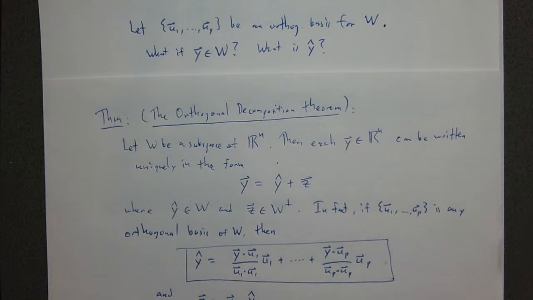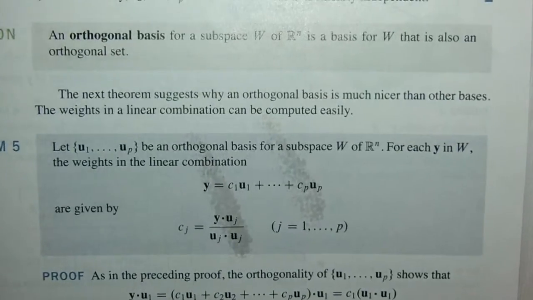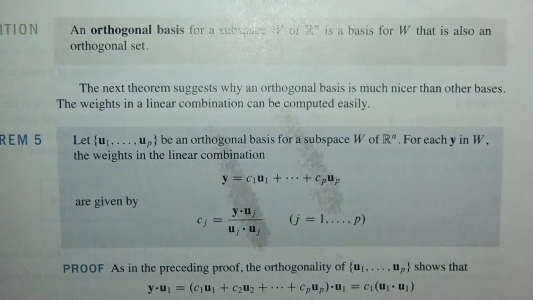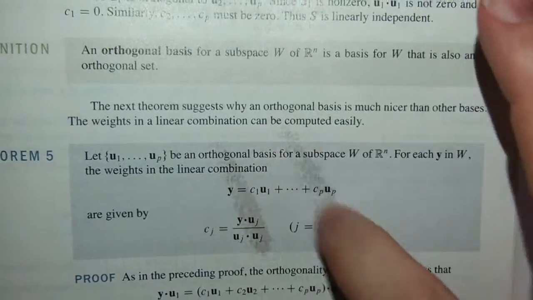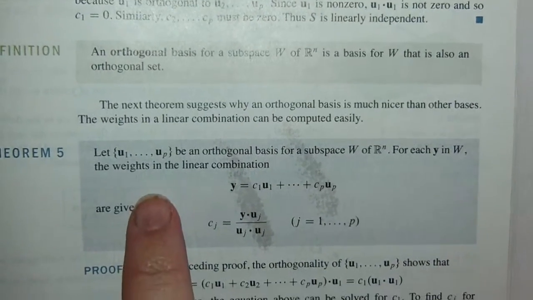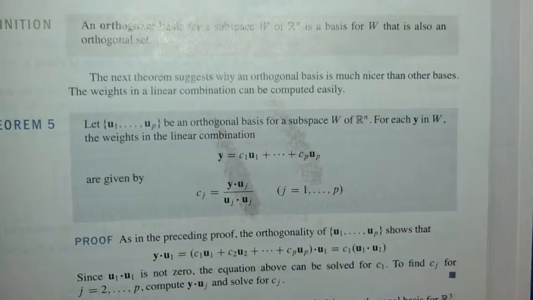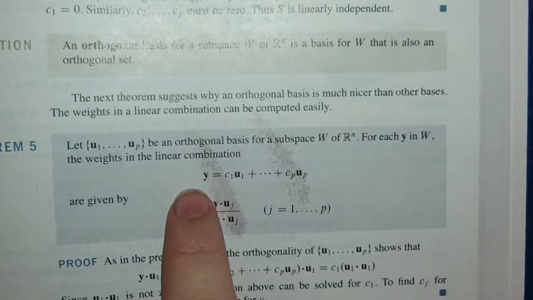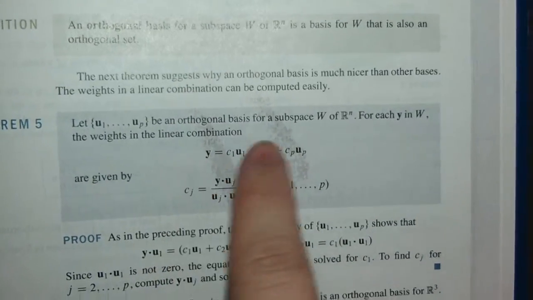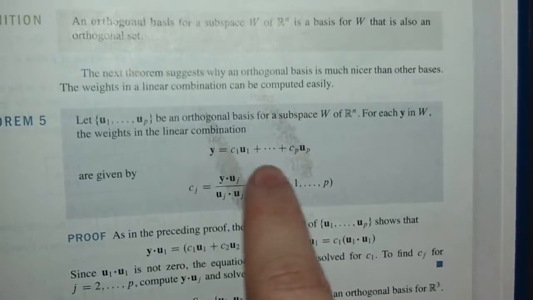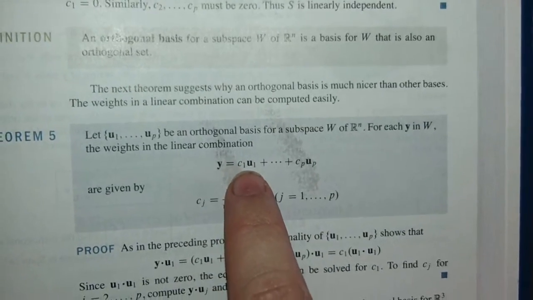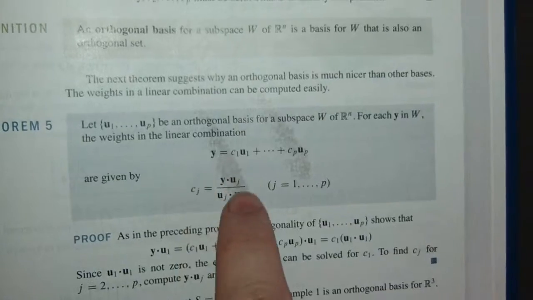Okay, so here's the nameless theorem. Let me zoom in. It's got smudges on it, that's okay. If I have an orthogonal projection here, then y has weights, written as a linear combination of the u1 through up, where the weights are given by this.